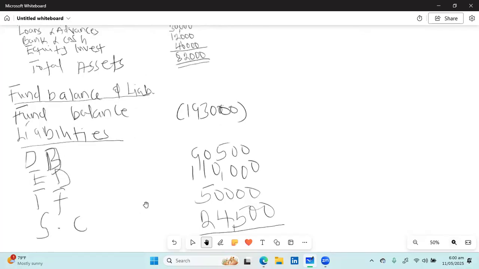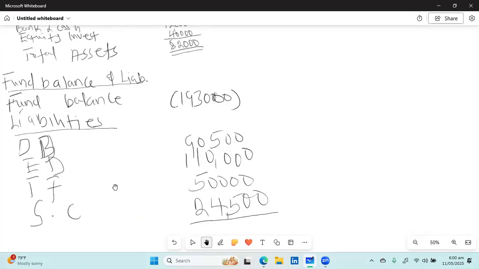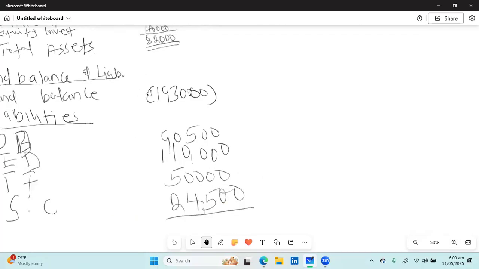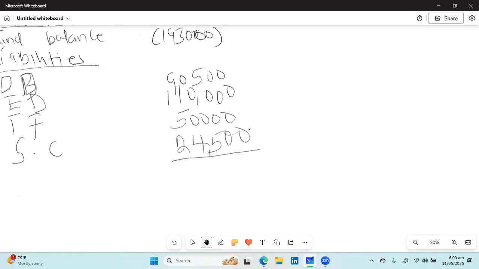Else, you are wrong or we are wrong. Minus 193,000, then 90,500, then 110,000. Say again, 82,000. Okay. 82,000 flat. It means our balance sheet agrees.